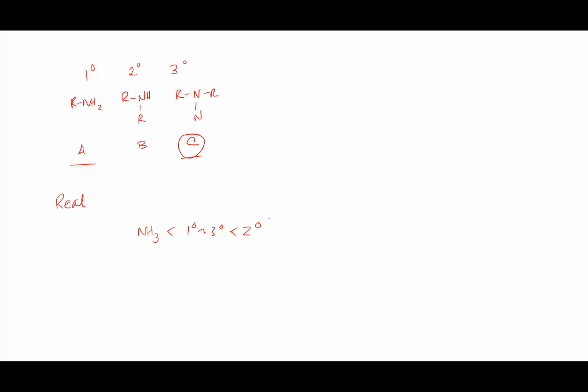And the reason for this is because it's not just about pushing electron density. We also have to think about the solvation of the amine, because these are all measurements that are made in water.